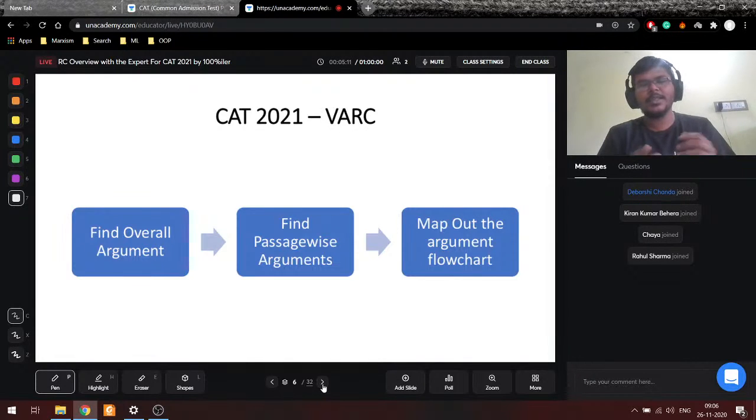Even within one single passage, there can be multiple arguments being made, multiple contradictions being presented. If you are practicing initially, I would suggest you note that down, make the structural argument structure, and then proceed to solve the questions. Because then when you are solving a certain question, you can easily contextualize that information with respect to what it came from.